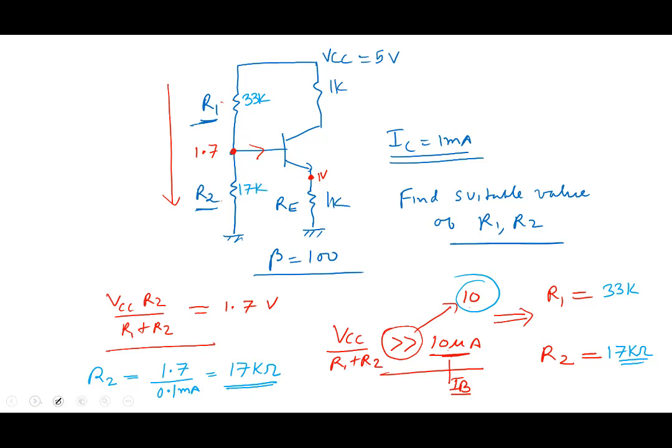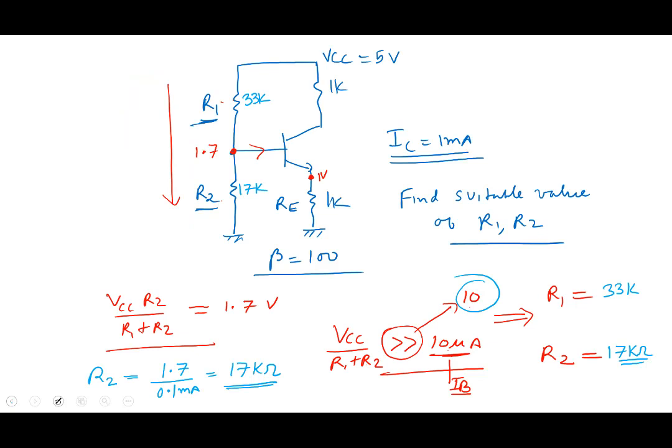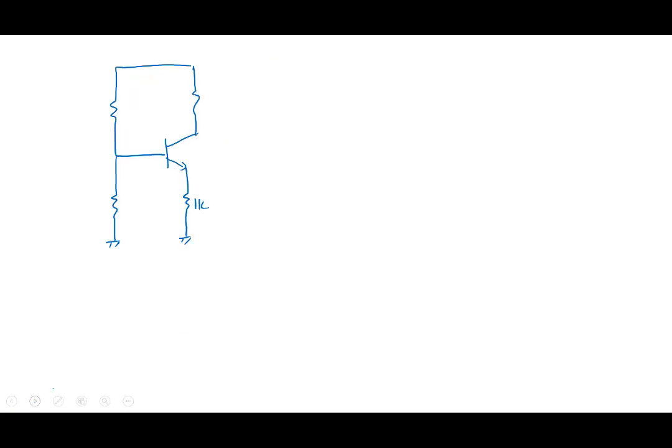So let's now do a complete amplifier analysis for this circuit. What I want you all to do is the following. Let's draw this: 1K, 17K, 33K.